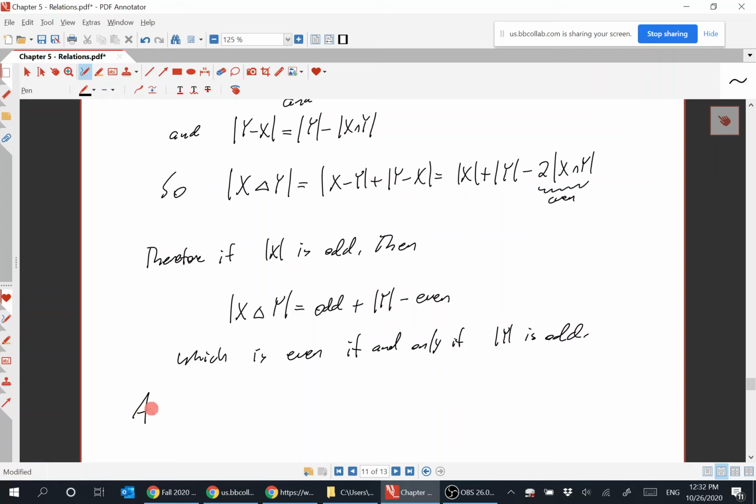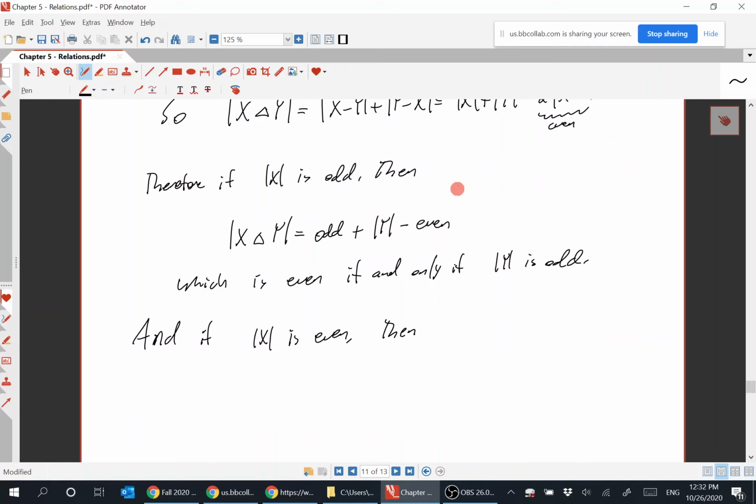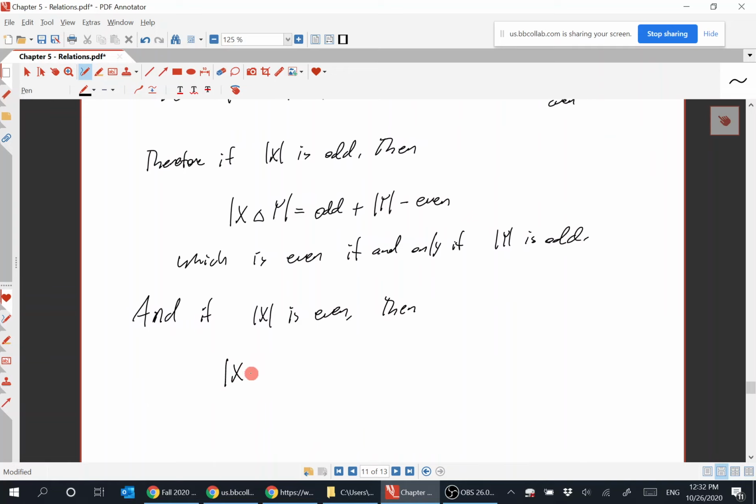And if the order of X is even, then the order of X symmetric difference Y is even plus the order of Y minus even, which is even if and only if what?